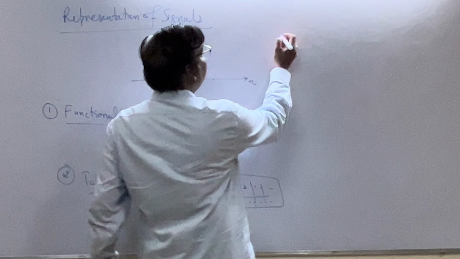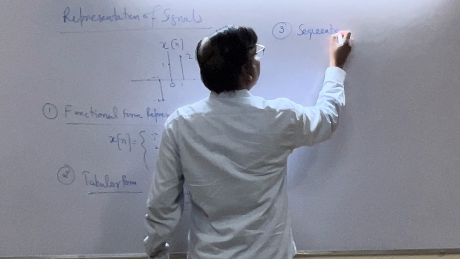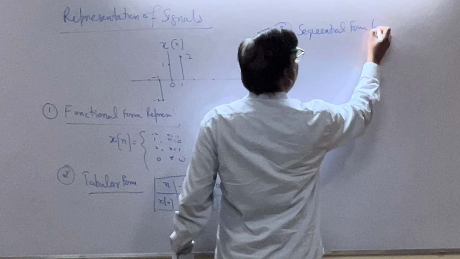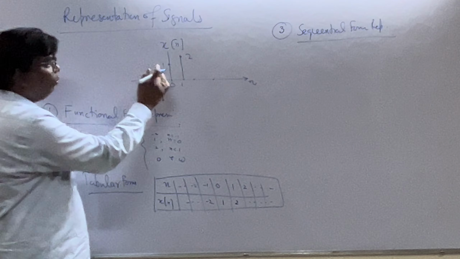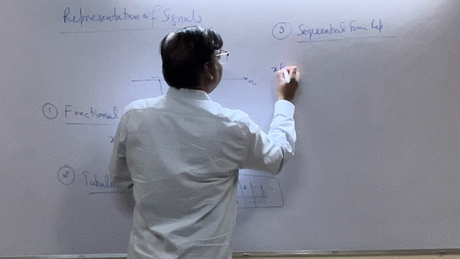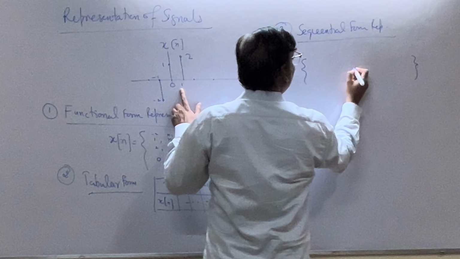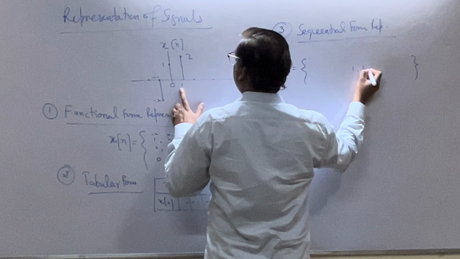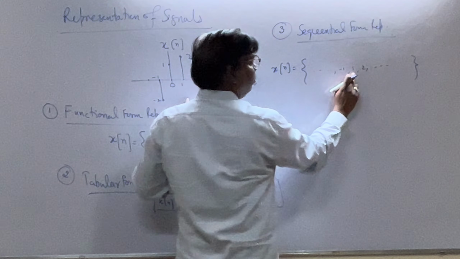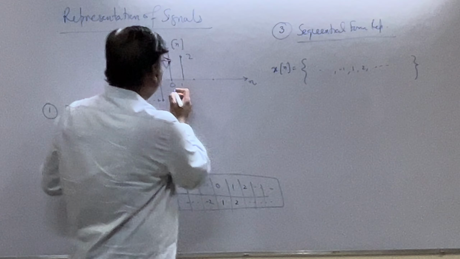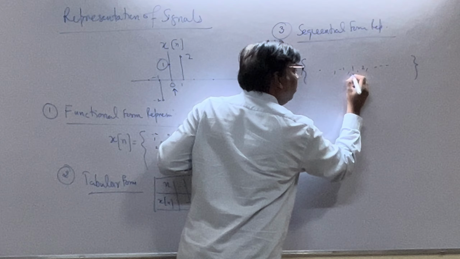And third one is known as sequential form representation. In this, we can write the signal x[n] in a curly bracket like this: 1, 2 and so on, minus 1, 2 and so on. This is the value at origin, n equals 0. At n equals 0, what is the value? It is 1. So we can put here an arrow.